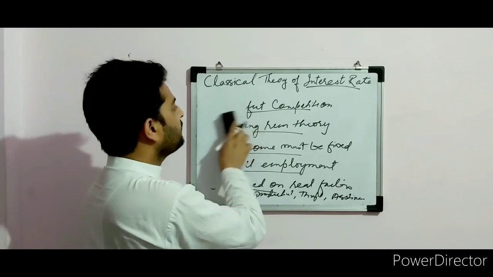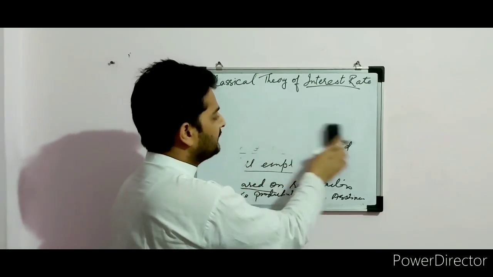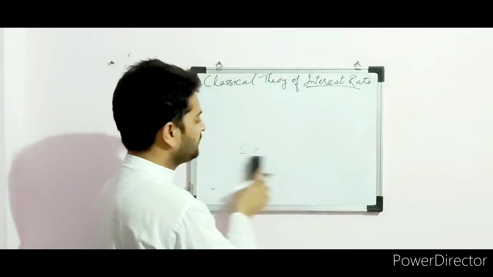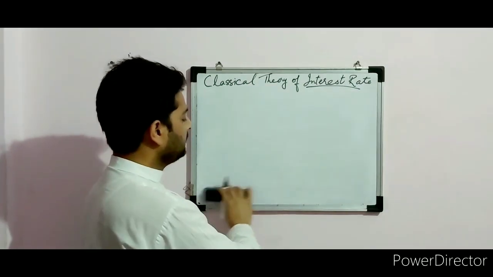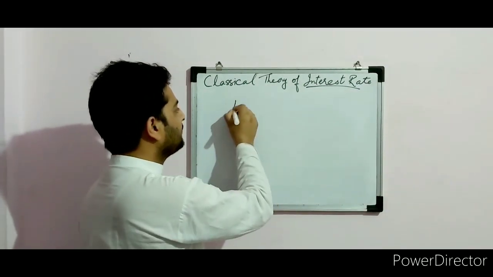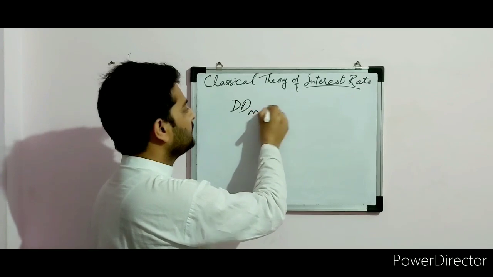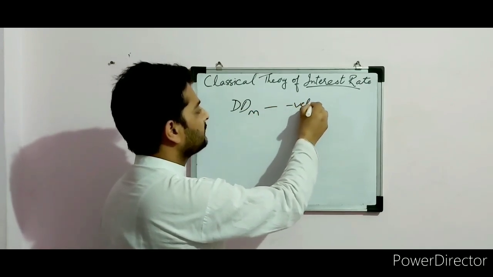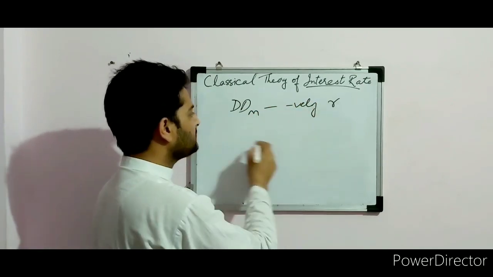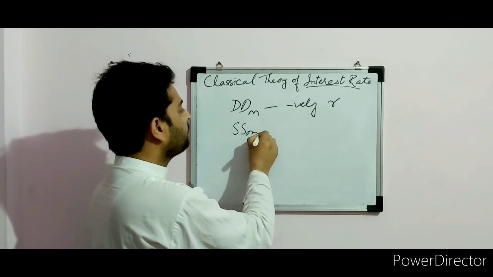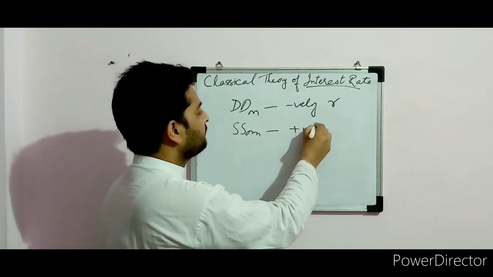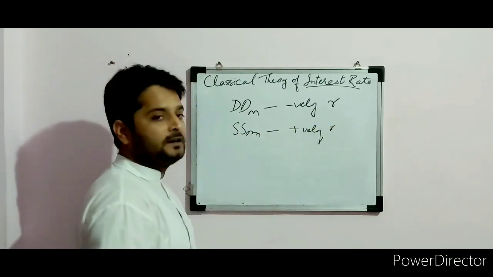Before we go into further detail, we should note two things: demand for money is negatively related to the rate of interest, while the supply of money is positively related to the rate of interest.